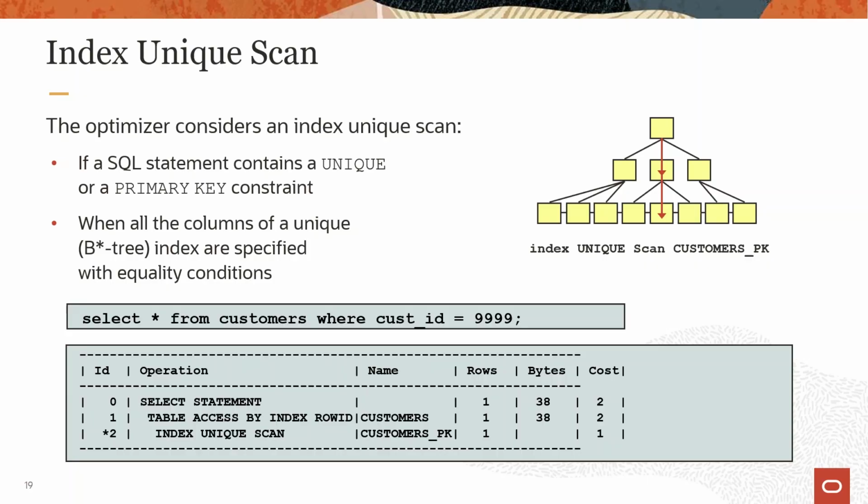So if he's going to use the index and he finds 9,999, he picks up the row ID and gets the record out of the table, but he doesn't have to scan any further the index because there can only be one 9,999 as an index value inside that index. This is the so-called index unique scan.